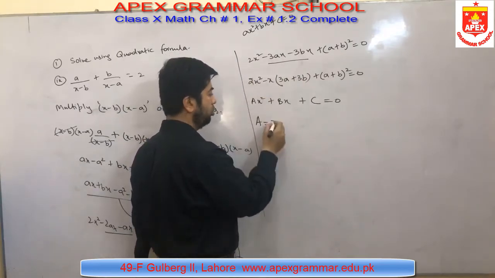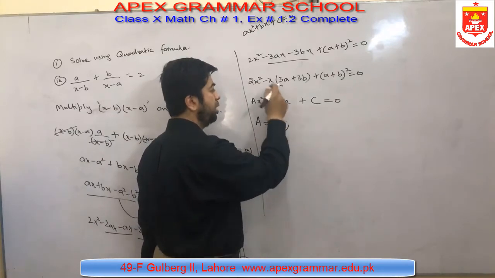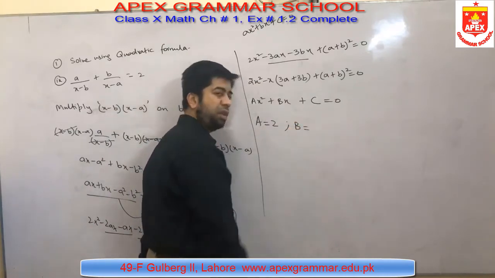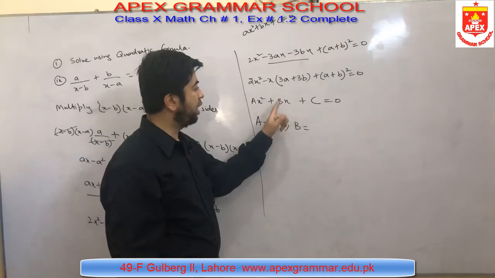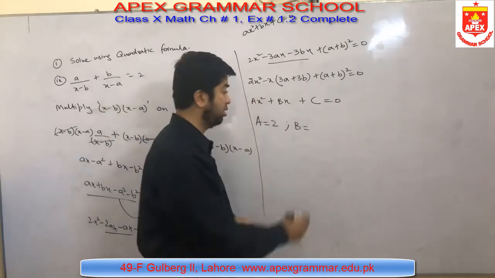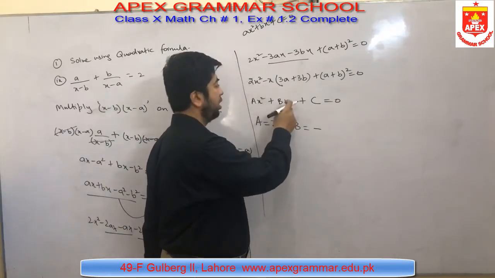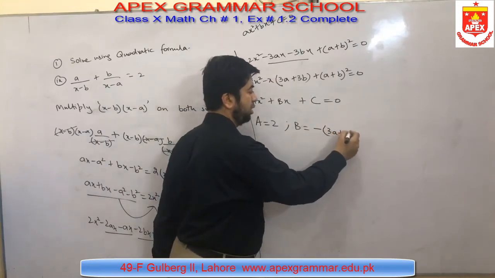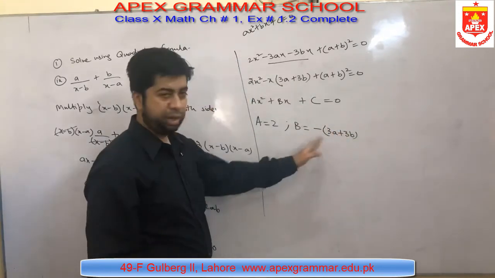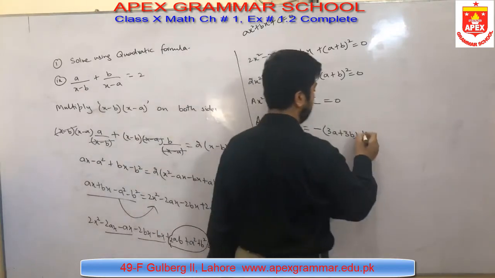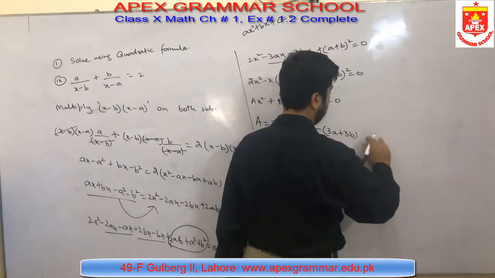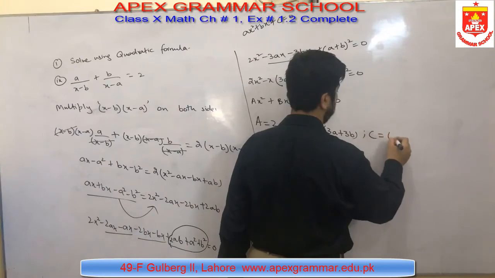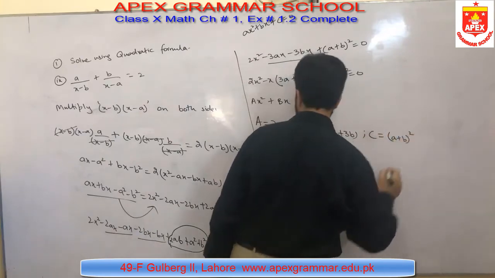A value is 2. What is the value of b here? The value of b is, first, negative. After cancelling this x, we have 3a plus 3b. This is the value of b, and the value of c is a plus b whole square.